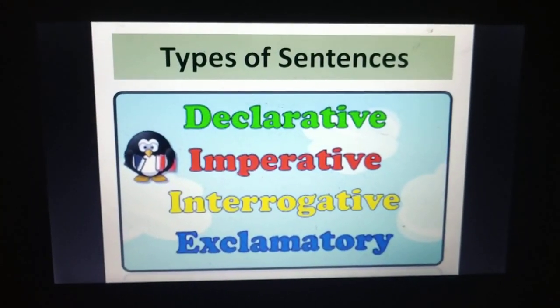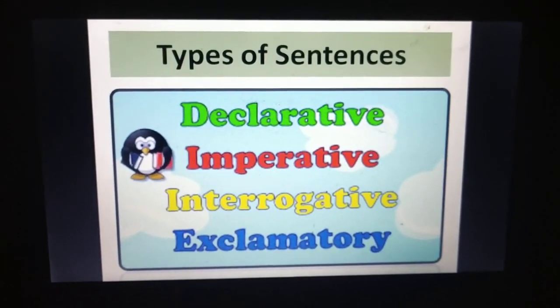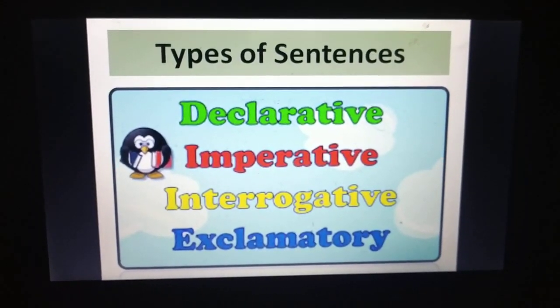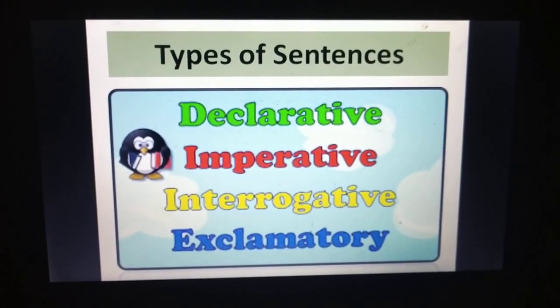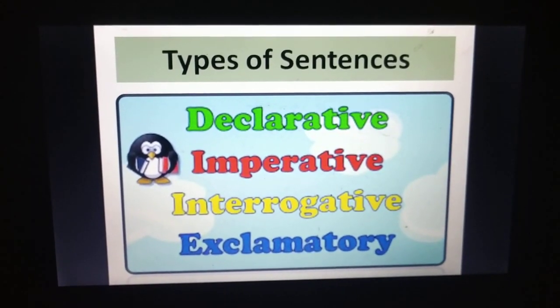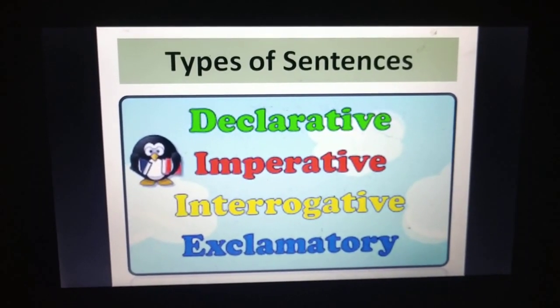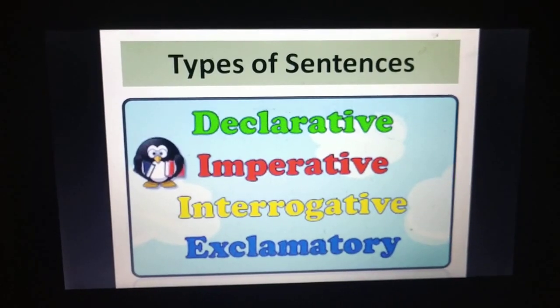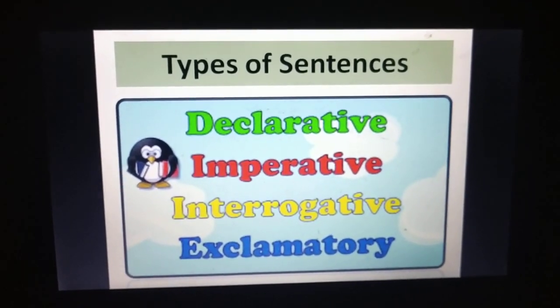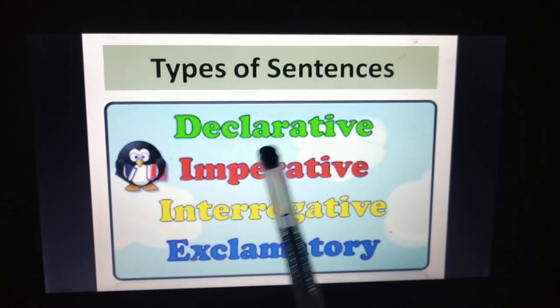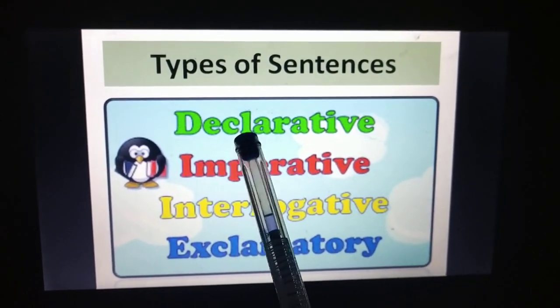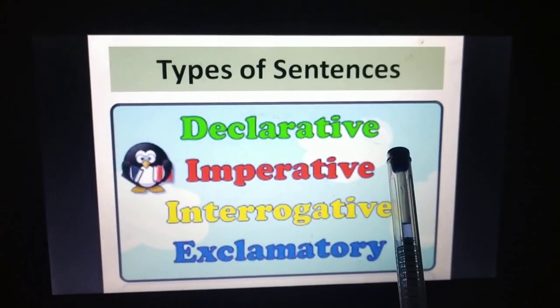In our lecture 1, we studied types of sentences. According to the types given in our book, there are 4. First type is declarative sentences.